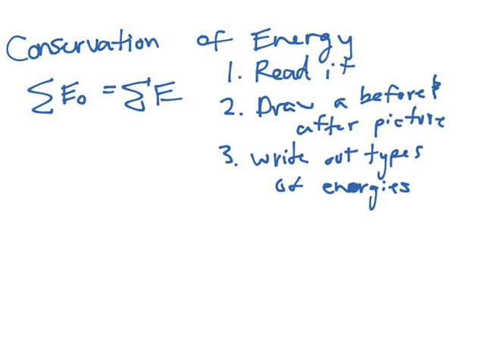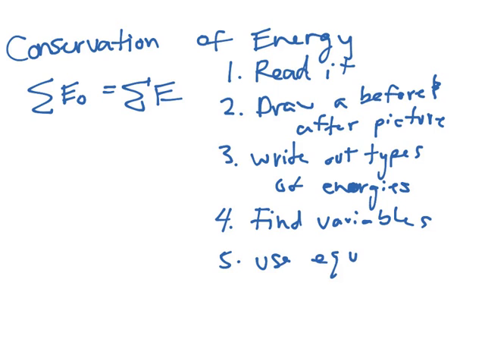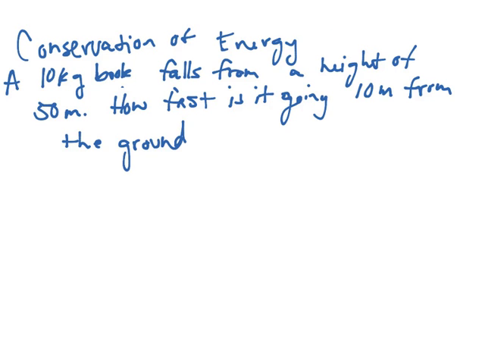And then 4, find variables. And 5, use equations and solve. So we'll write this down, and then we'll do a practice one, and I'll give you one to try on your own.